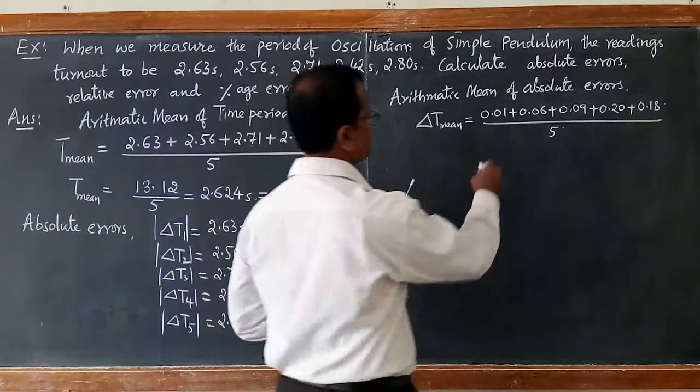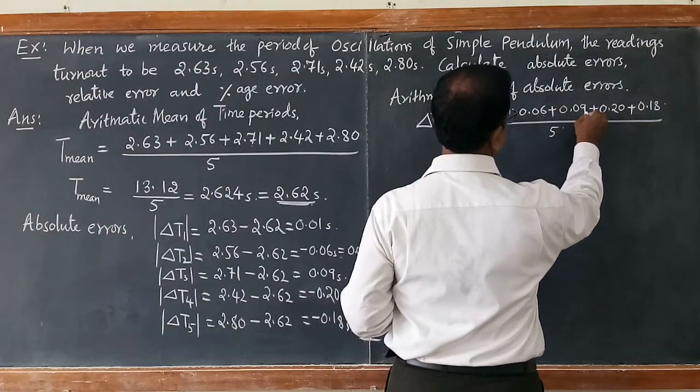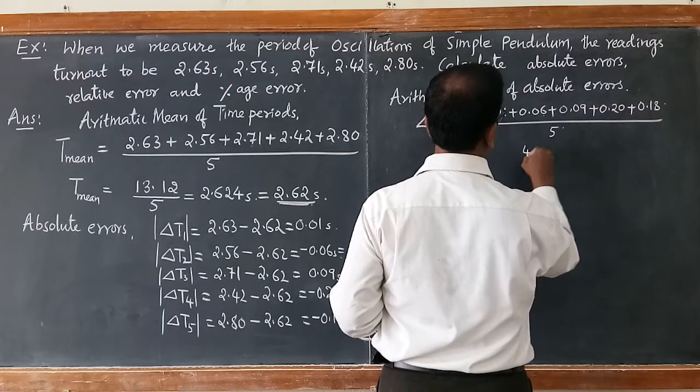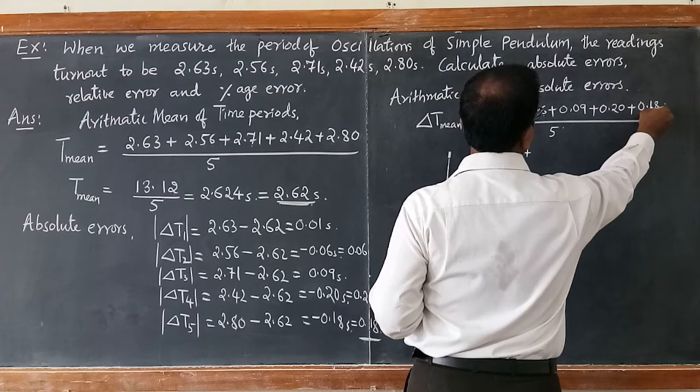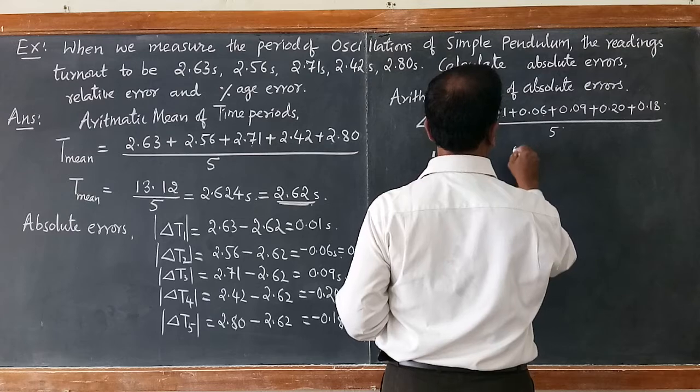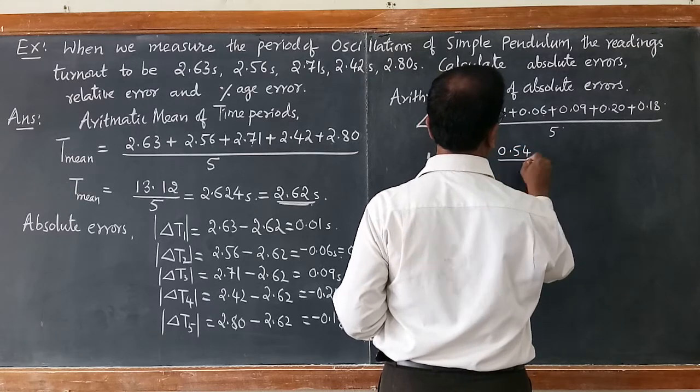These are all in seconds. If you add this, 7 plus 9 is 16, 16 plus 8 is 24, carry 2, 2 plus 1 is 3, 3 plus 2 is 5, so it becomes 0.54 divided by 5.